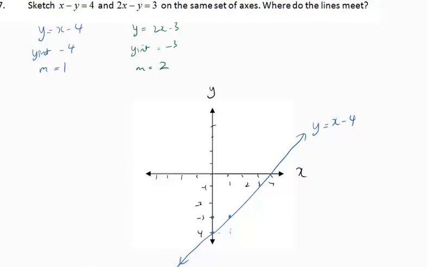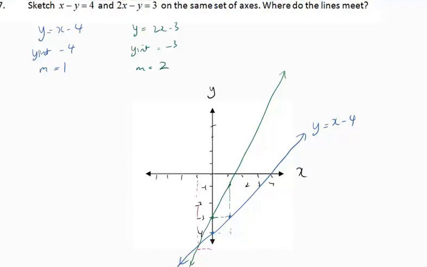And our gradient here, we go across by 1 and up by 2 here. So our line will go like this and down here. So we can find the point where the lines meet here. And if we draw this on, we see, well, here and here is where the points meet.